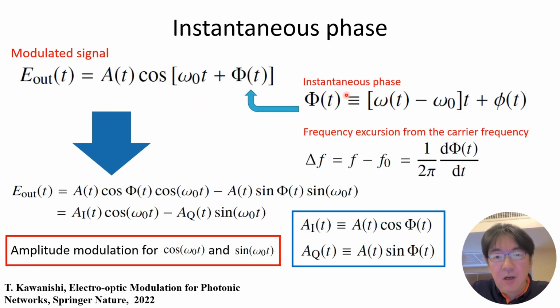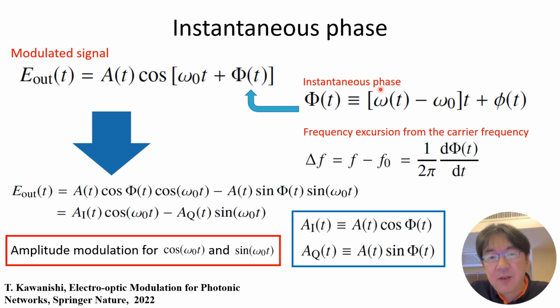Okay, here I'd like to talk about the frequency component and the phase component. Here we define instantaneous phase by this equation. By using instantaneous phase, the modulated signal can be described by the amplitude part and the phase part.